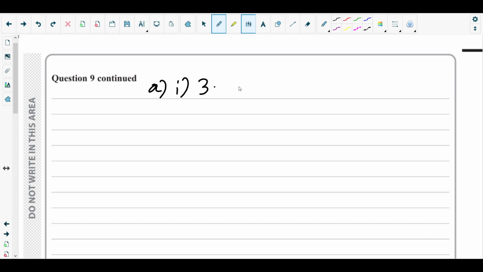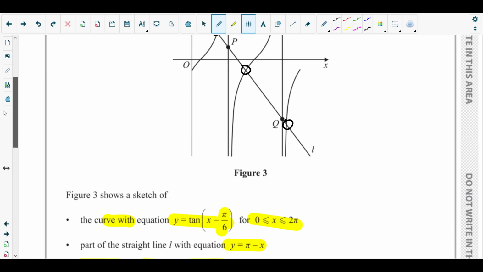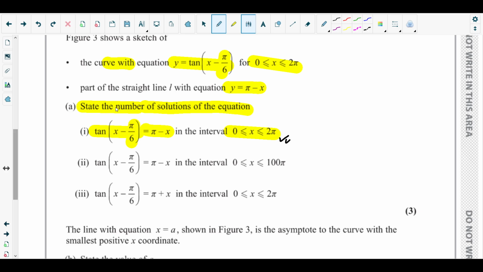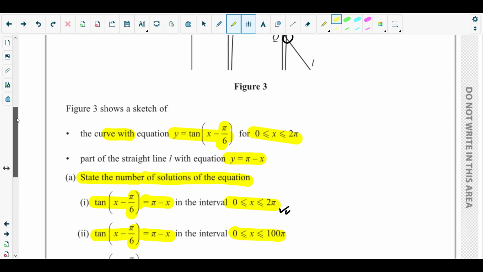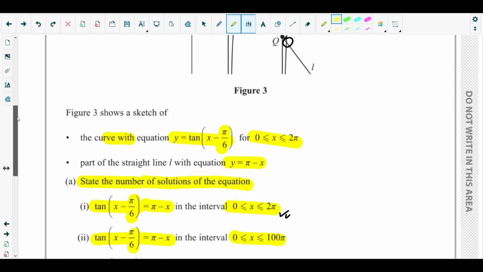For part 2, let's see what they have asked here. We need to state the number of solutions of the equation tan(x minus pi over 6) equals pi minus x in the interval x greater than or equal to 0 and less than or equal to 100 pi. Here most students make a mistake by considering proportionality.